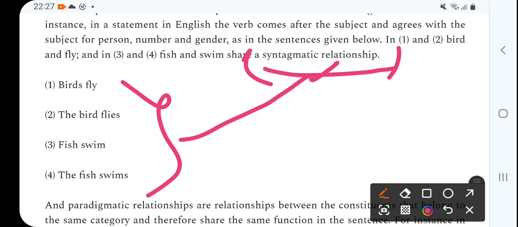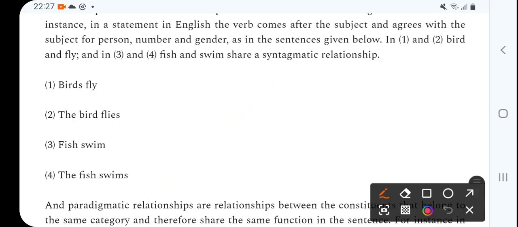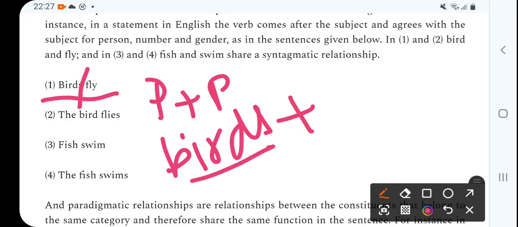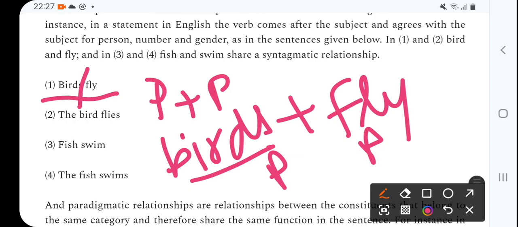Why am I explaining this? Birds is plural, so the verb is plural. Why? Because birds is plural, then fly is plural. So that is plural and that is plural.